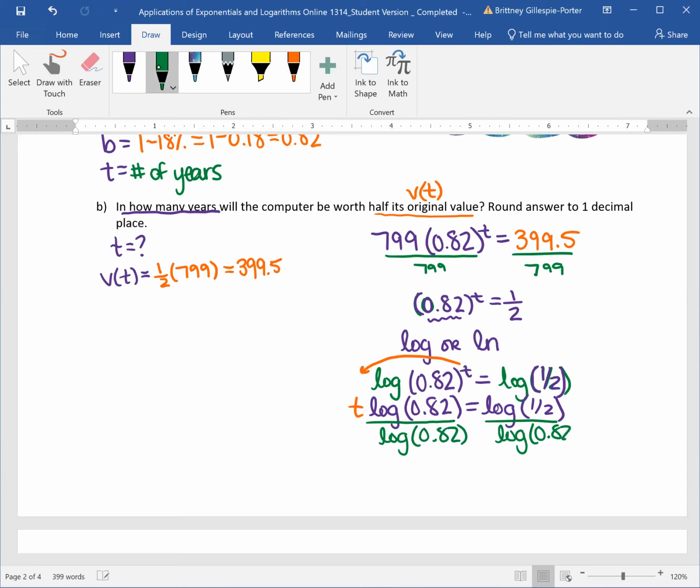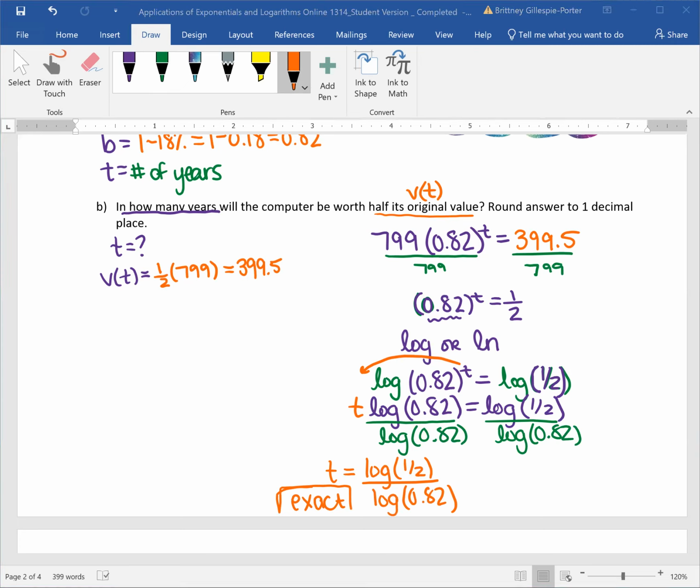Those logs do not cancel out, but we find out that t is equal to log of 1/2 all over log of 0.82. And although this is our exact answer, they asked us for the decimal approximation, which means that you are going to need to use your calculator, which is part of the reason that we used just regular log or natural log, whichever one you did.